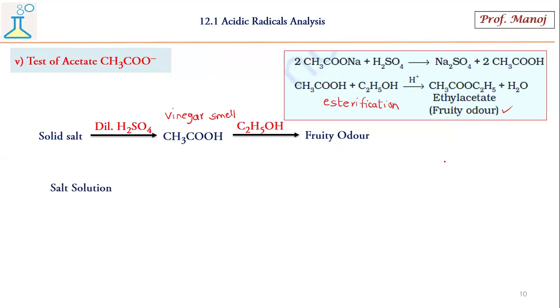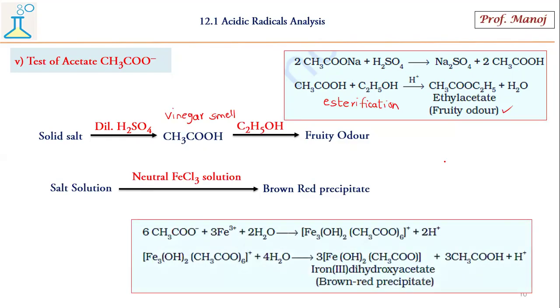Coming to the second part, the salt solution is treated with neutral ferric chloride and it generates a brown red precipitate. Now you can see this is the actual reaction taking place. Salt solution is this one. FeCl3 gives this, which forms a temporary complex like this, which further undergoes hydrolysis to form a brown red precipitate.